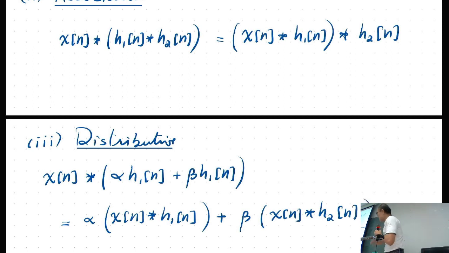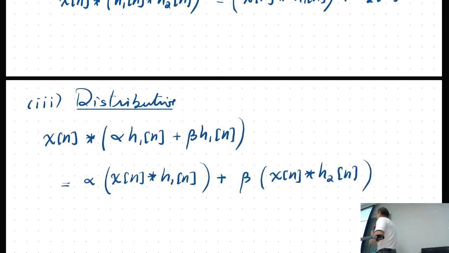Okay, so this is the distributive property. See, what I did was I brought the star x[n] star inside. I take it inside of the parentheses. Okay, but when I take it inside, I have to do x[n] with h1 here and with h2 there. Well, I have to change it to h2. Sorry, that's a typo. This has to be x[n] star h2.